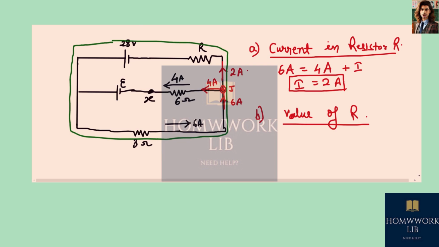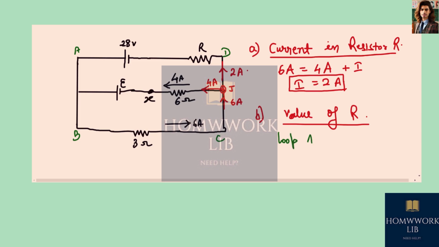So we will apply Kirchhoff's voltage law to this loop. Let us say we name it A, B, C, D. So what we are considering is loop A, B, C, D, A. In this loop, we apply Kirchhoff's voltage law. And we start from any point. Let us say I start at this point, and we take this point as zero potential.